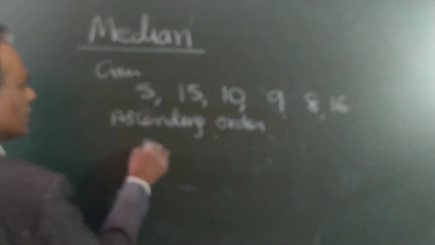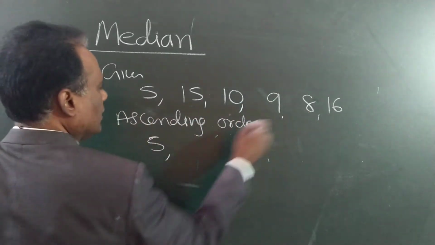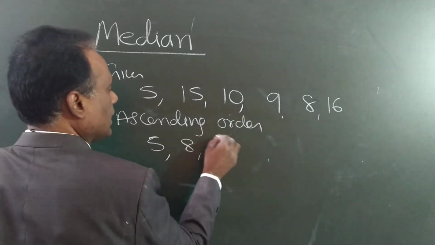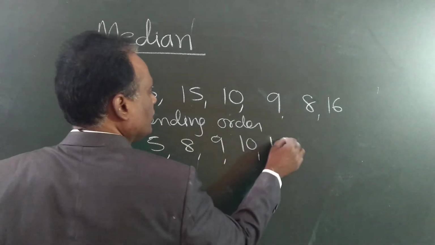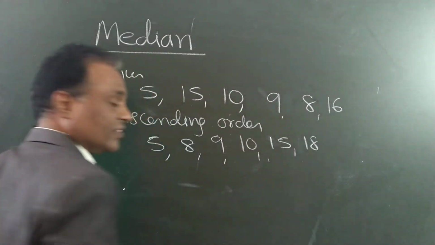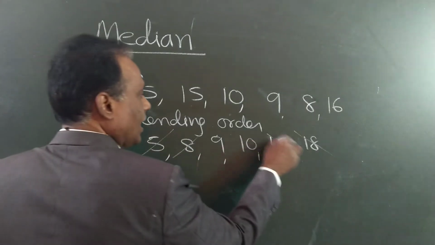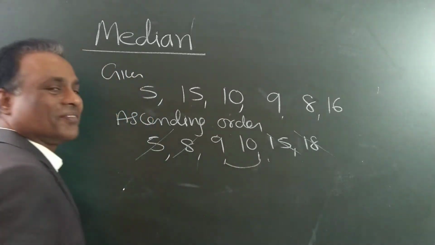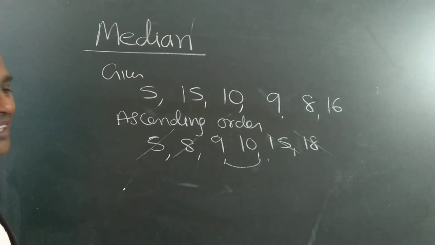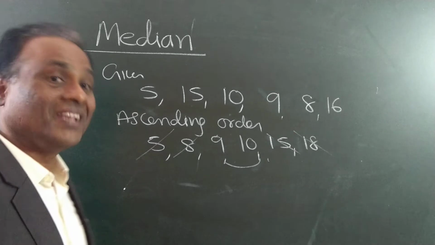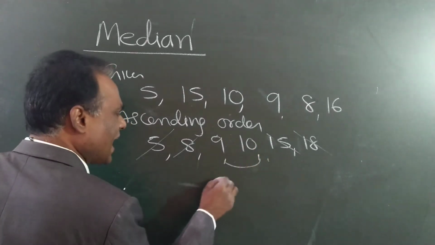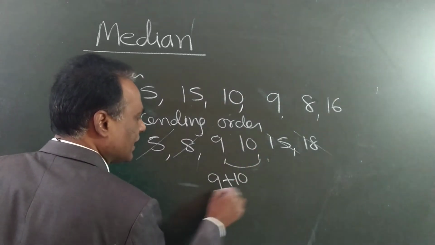Then arranging from smallest to greatest: 5, 8, 9, 10, 15, 18. Which is the middle one? We are getting 2 middle terms, not 1. If it is only 1 middle term, that is the answer. If 2 middle terms, we have to take the average of those 2.